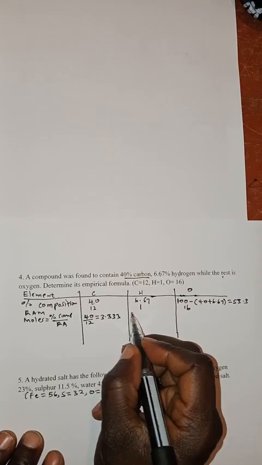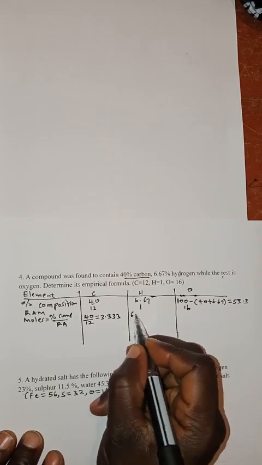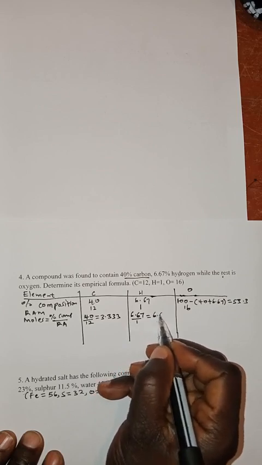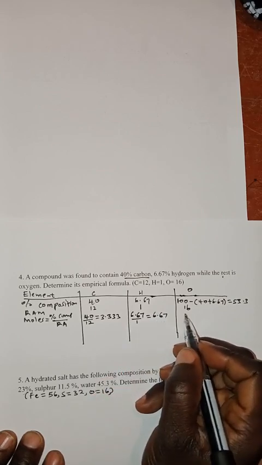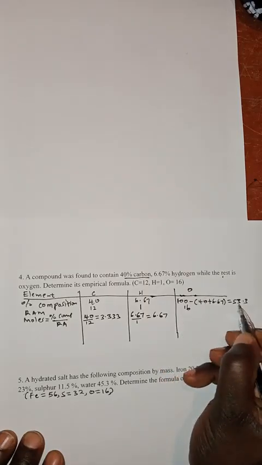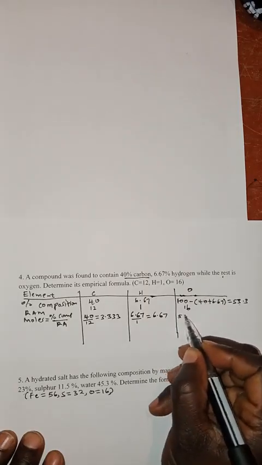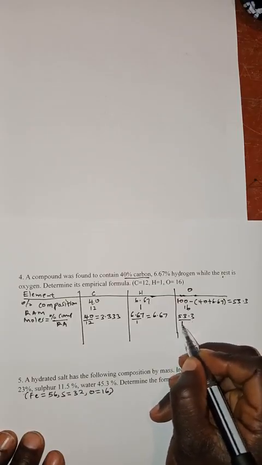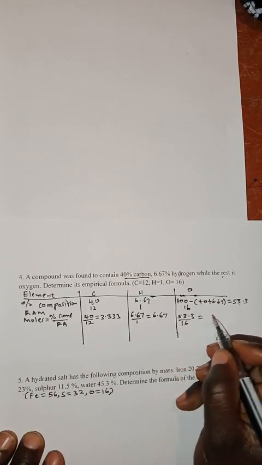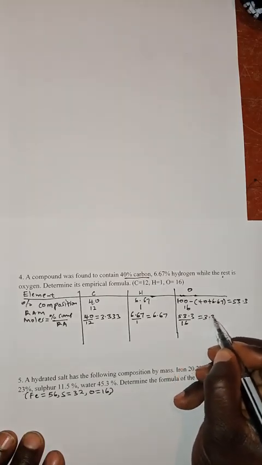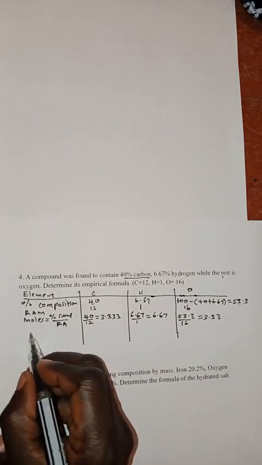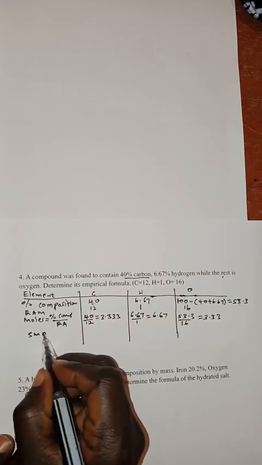Then for hydrogen it is going to be 6.67 divided by 1 equals 6.67. Then for oxygen it is going to be the percentage composition, which is 53.3, divided by the RAM, which is 16. So for this one we get 3.33 again.